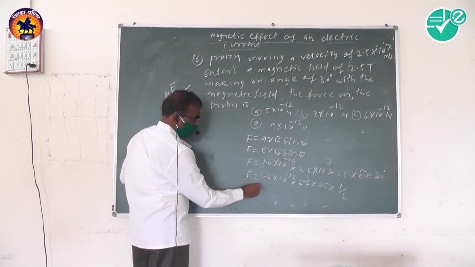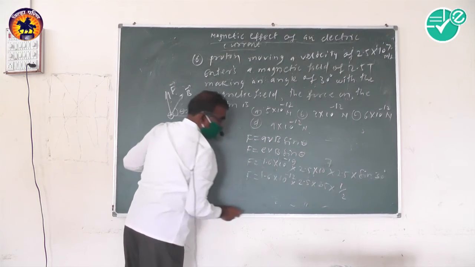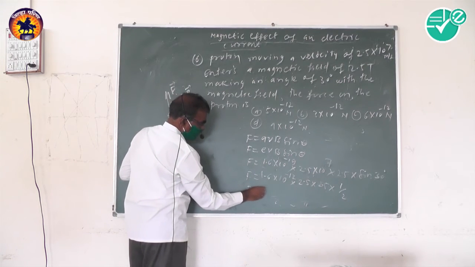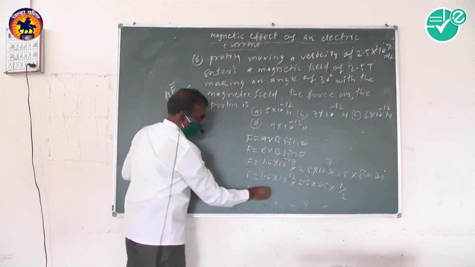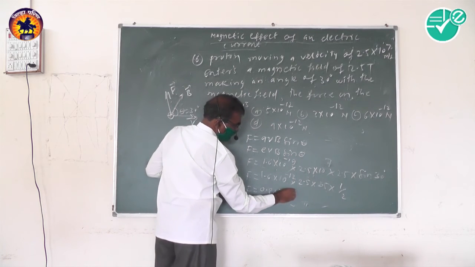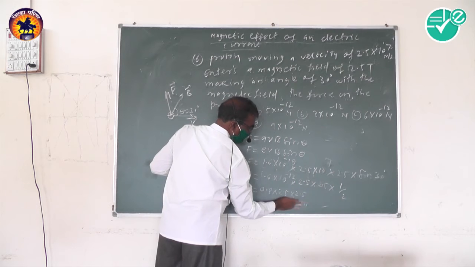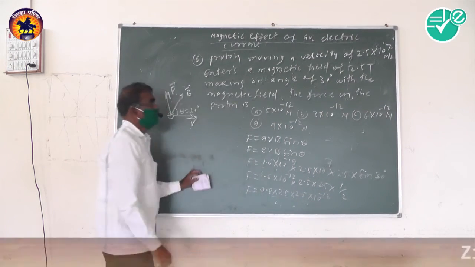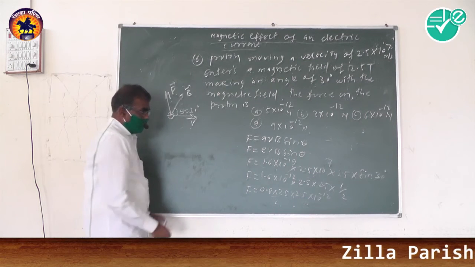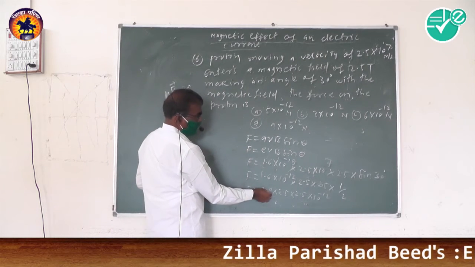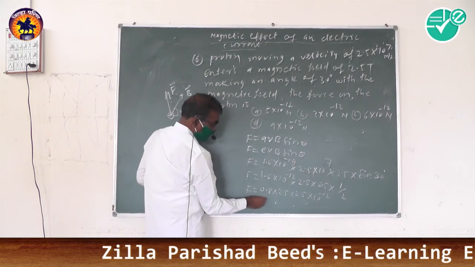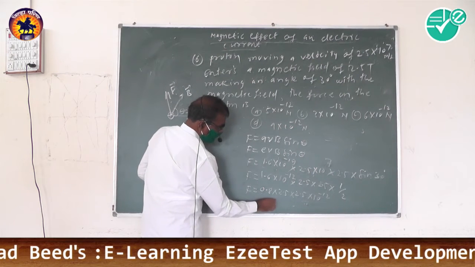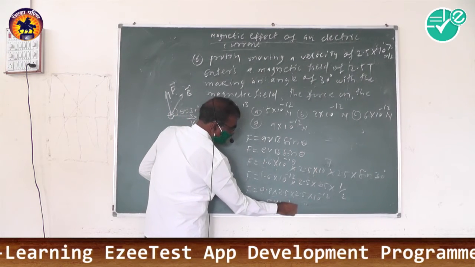So 1.6 divided by 2 is 0.8, and F equals 0.8 into 2.5 into 2.5 into 10 raised to minus 12, that is equal to 5 into 10 raised to minus 12 Newton.